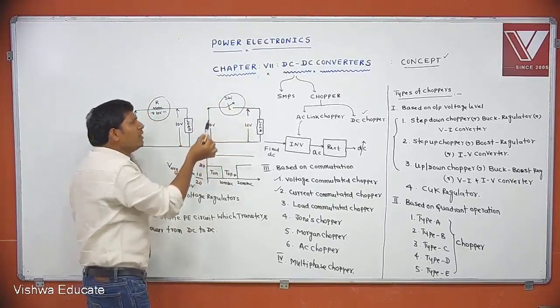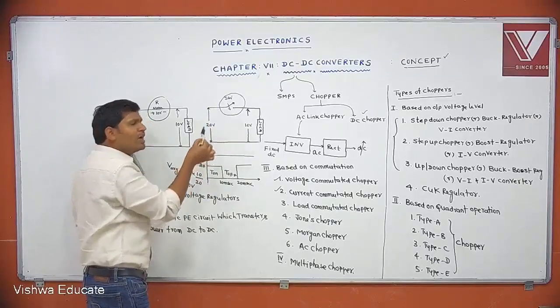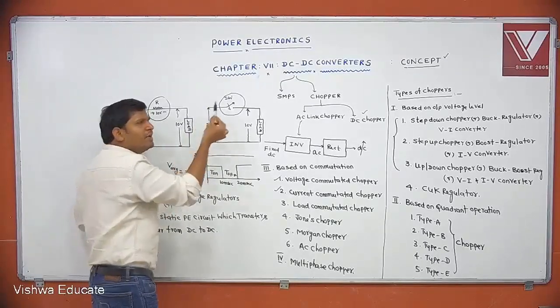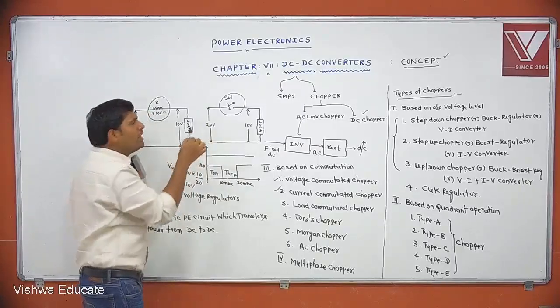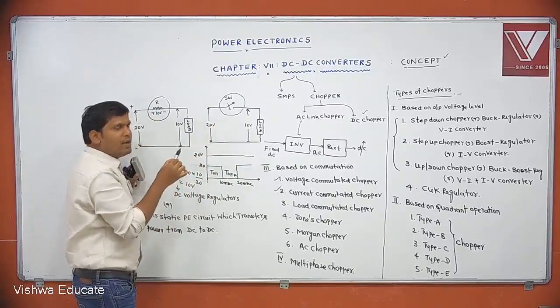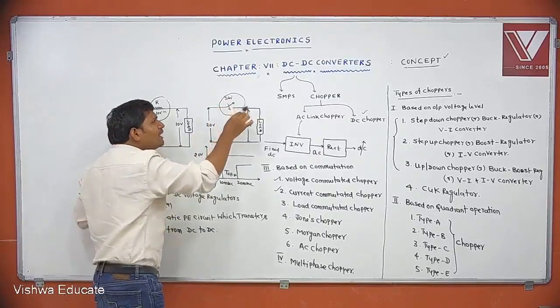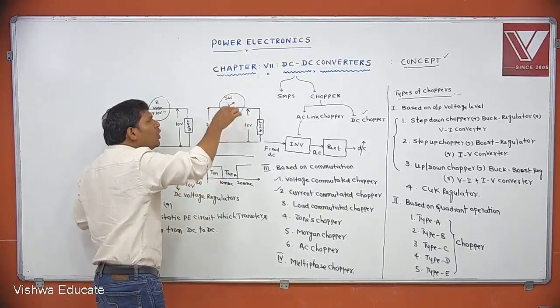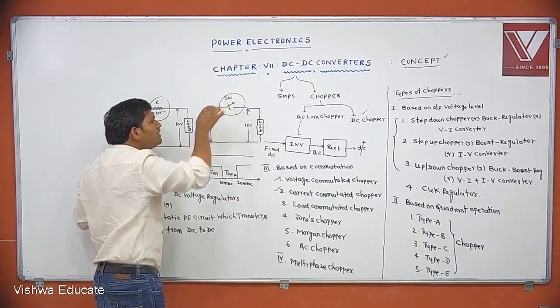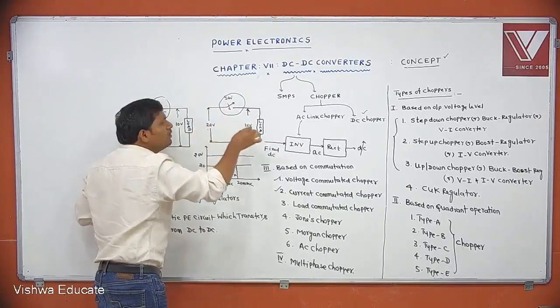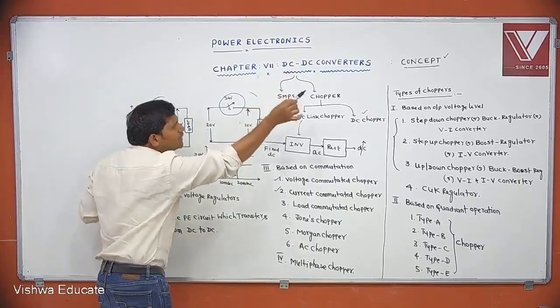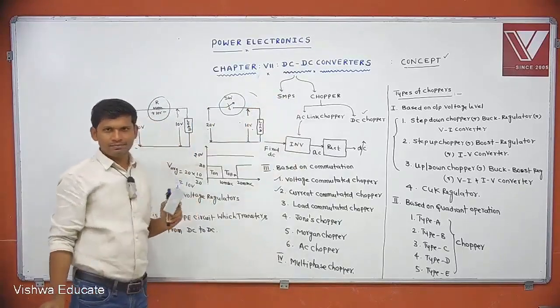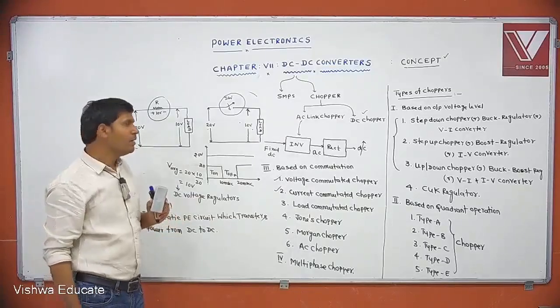By controlling the on and off of the semiconductor device, we convert fixed DC to variable DC. This type of converter is nothing but a chopper or DC to DC converter. Understood?